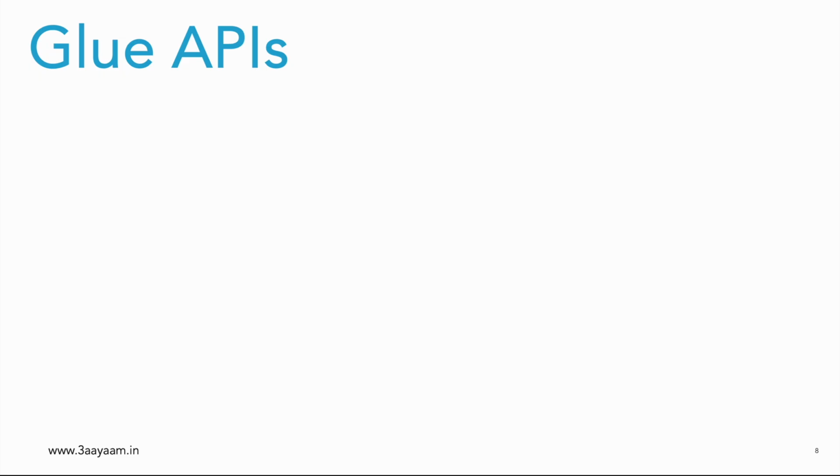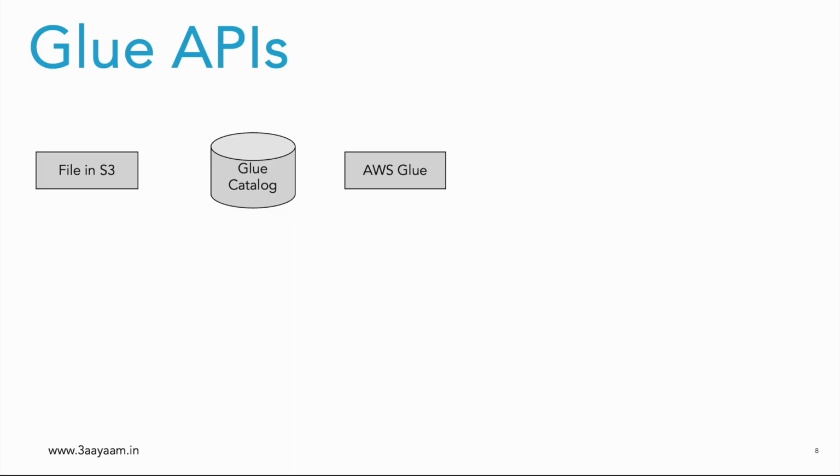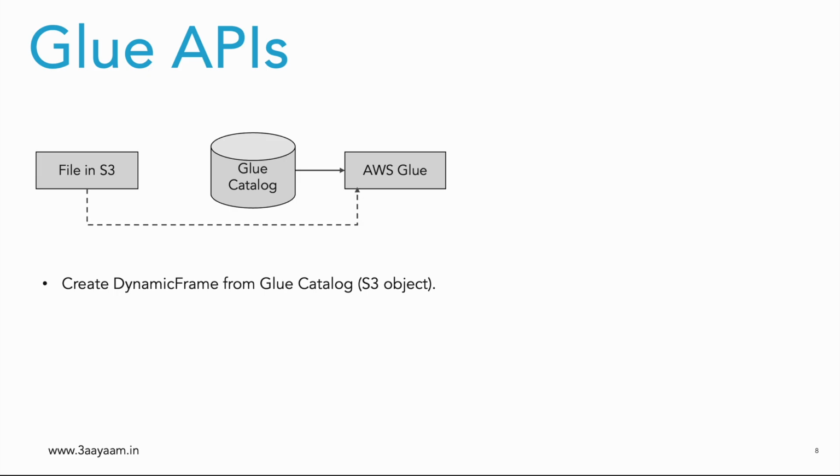So let's take an example and do an implementation of Glue API. We have multiple files in S3. I have created multiple folders like account, ledger, transaction, etc. And we have created tables based on these files in the Glue data catalog also. So we'll be using AWS Glue to read from the data catalog, which would create a dynamic frame from the Glue data catalog, which is essentially an S3 object.